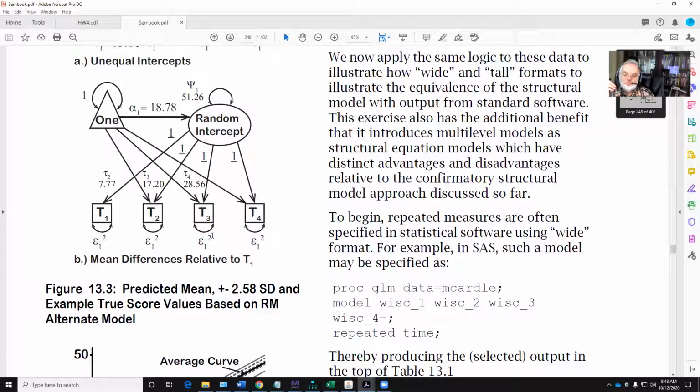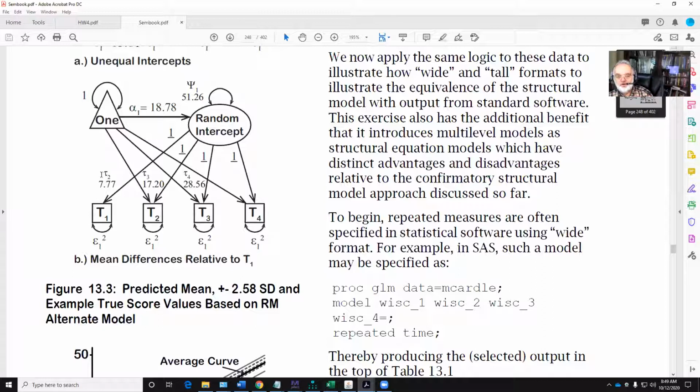Just to talk about MANOVA, which happens later on in the class, under MANOVA your structural equation model is just going to be all of the variances and covariances freely estimated, and there's no latent variable involved. And I simply compare a model in which all of the intercepts are the same with a model that says all of the intercepts are different.